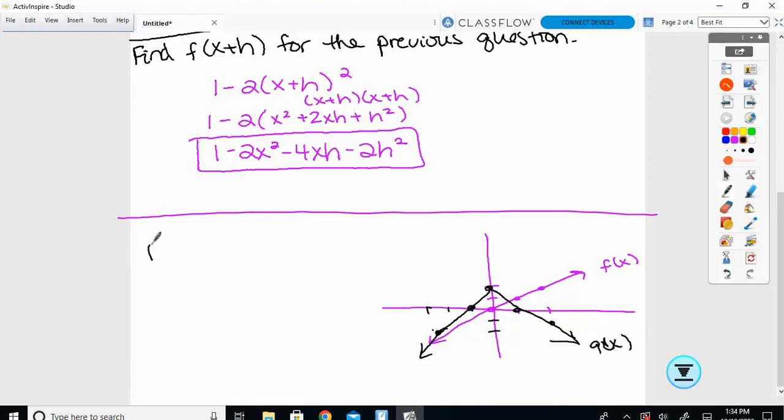If I asked you to find f times g of 2, what does that mean?